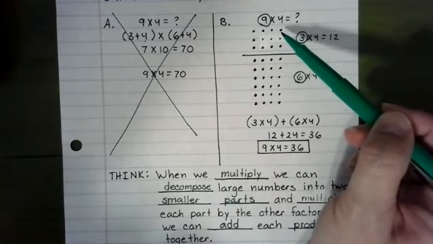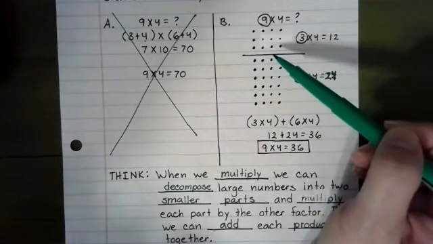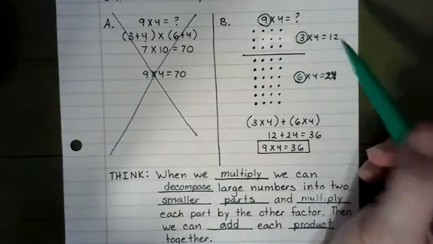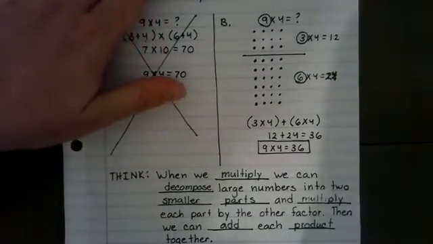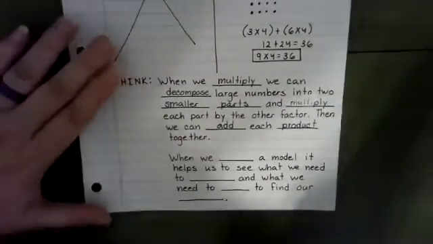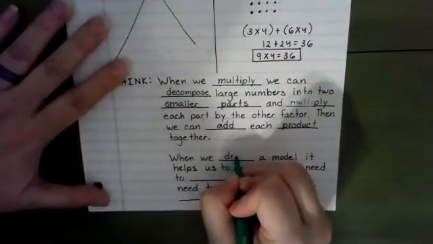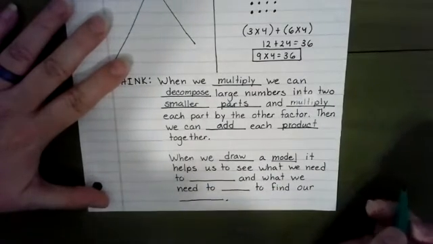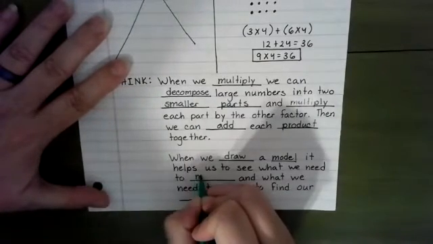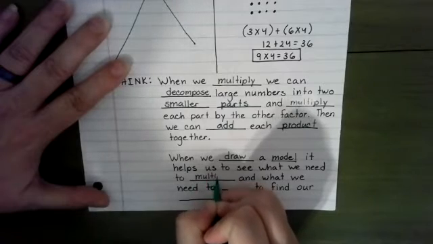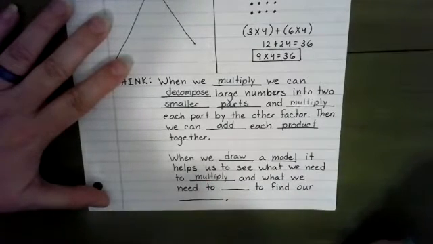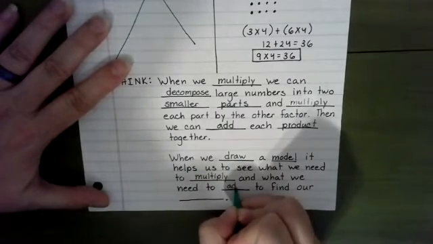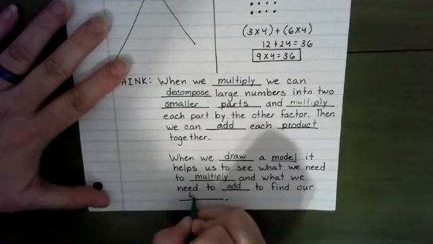When we're using distributive property and when we're multiplying with arrays or even finding the area, it's always a good idea to draw a model. When we draw a model, it helps us to see what we need to multiply and what we need to add to find our total.